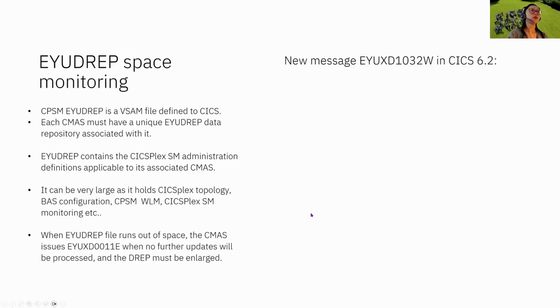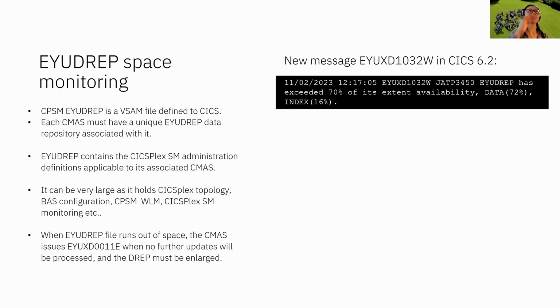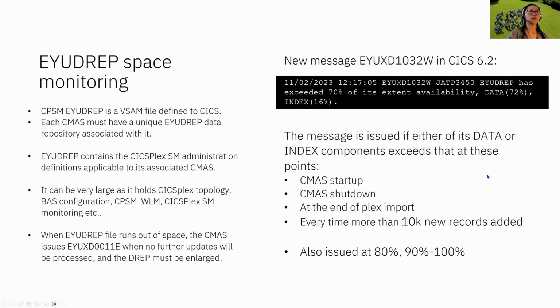So you would like to know before it runs out of space; it's best to be warned about the space utilization now. So we now have a new message, EYU XD1032, a warning message in CICS 6.2, to say the EYU DRAP has exceeded, say, 70% of its extent availability, and it shows the percentage on data and the percentage on the index.